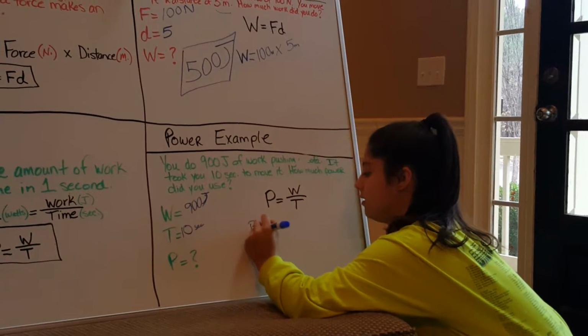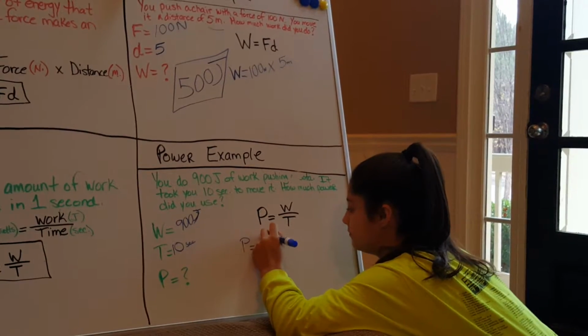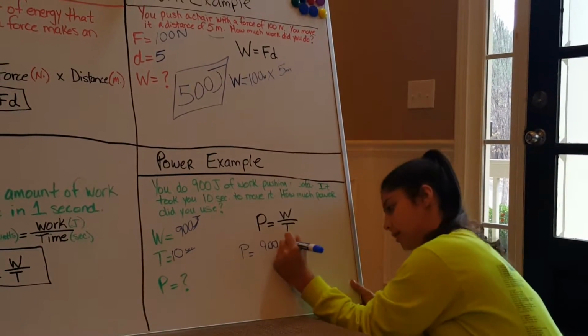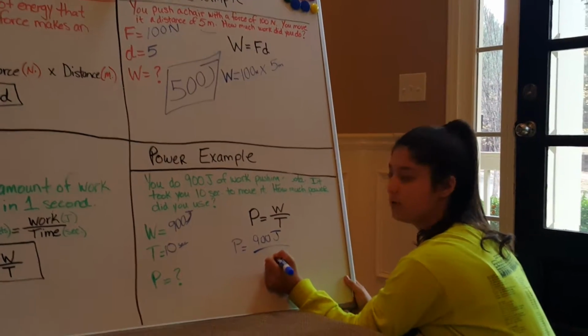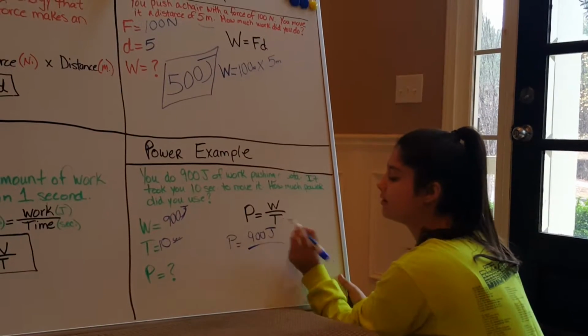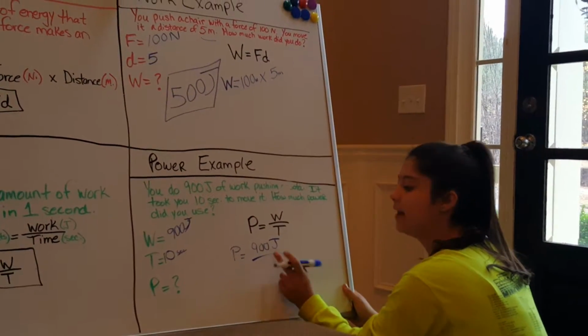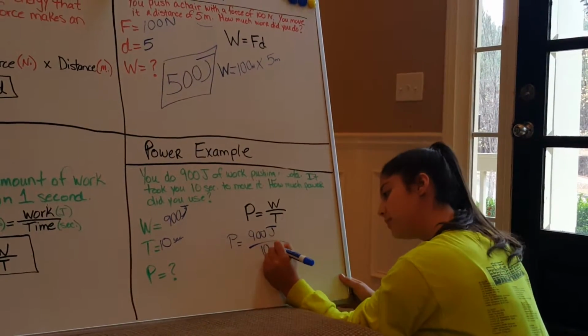P equals 900. I just like to put the units in there as well, just so it reminds me. And then you're going to put your time in, because our denominator is going to be your time. So you need 10.